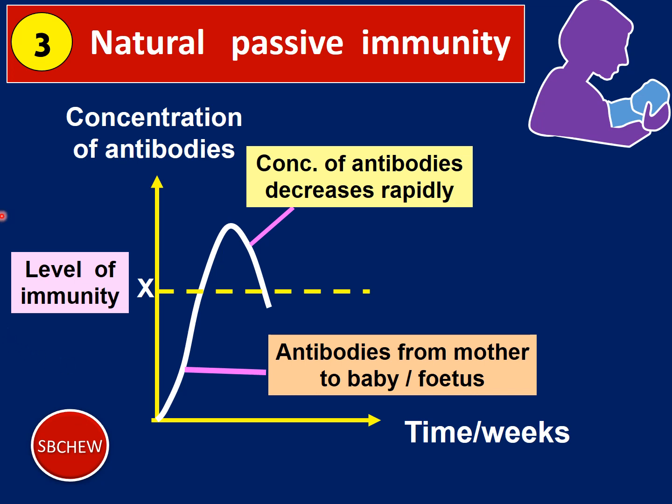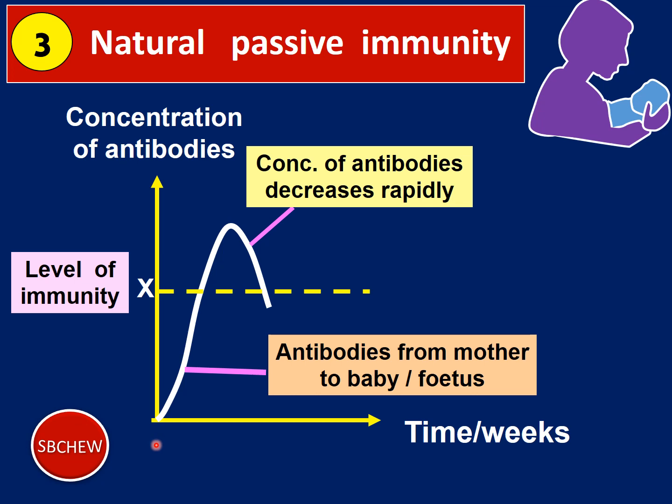Let's discuss the graph for natural passive immunity. This graph shows you the concentration of antibodies against time. And the level of immunity here is the concentration of antibodies that must be reached by the baby in order to become immune towards a particular disease. Let's take the case of a mother breastfeeding her baby.